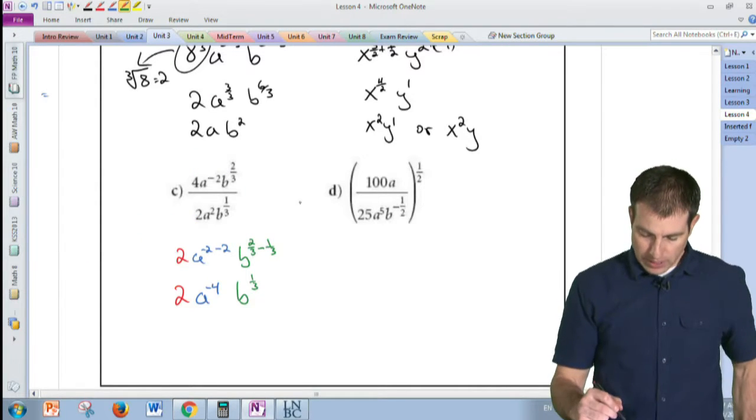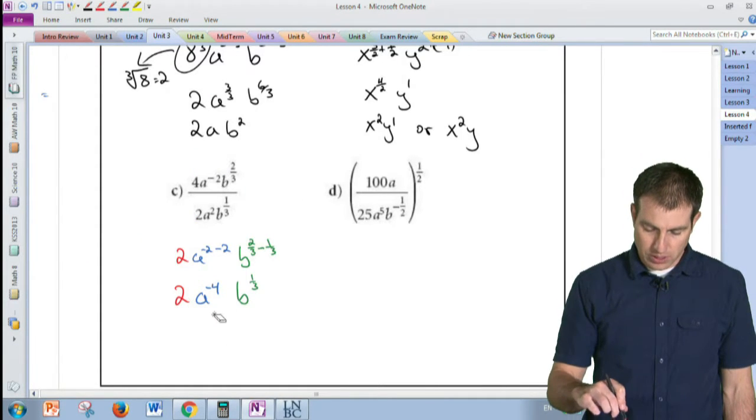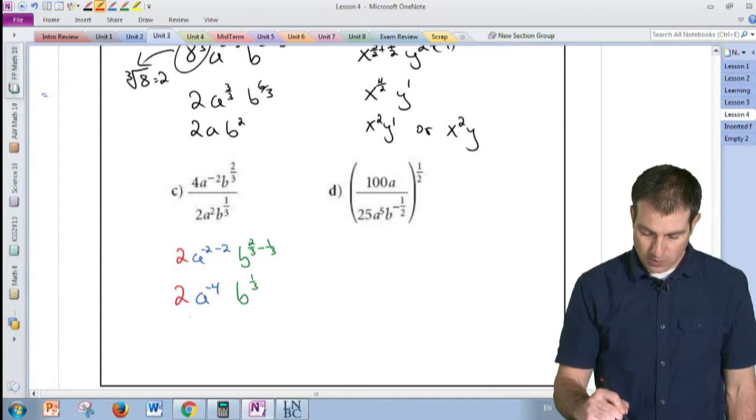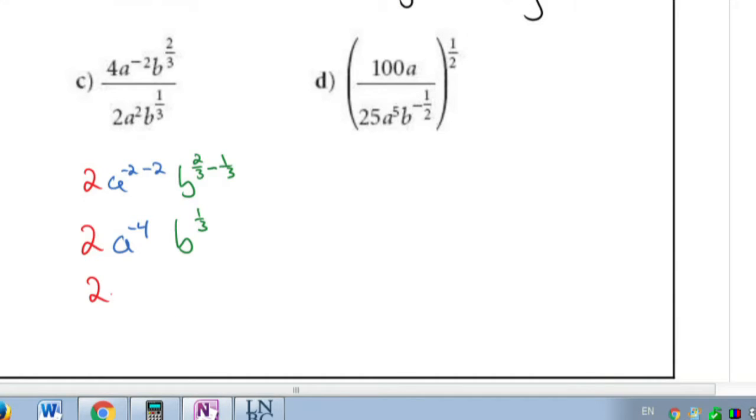I know I can't have negative exponents in my answer, so I need to deal with that. The 2 will stay on the top. Instead of multiplying it by a to the negative 4, I'm going to multiply it by 1 over a to the 4. And then I'm going to have b to the 1 over 3.